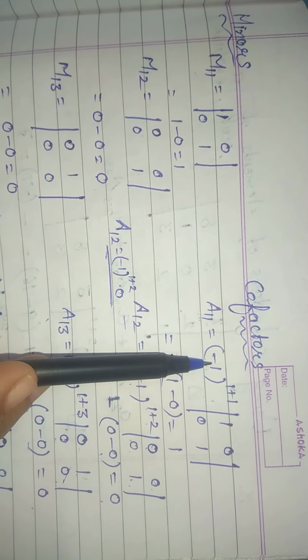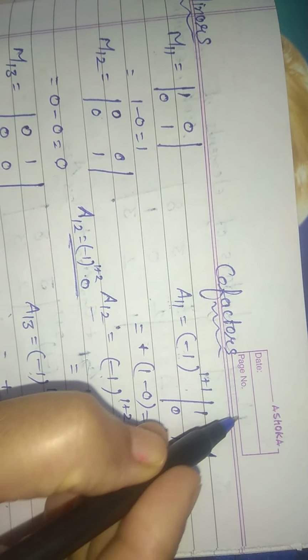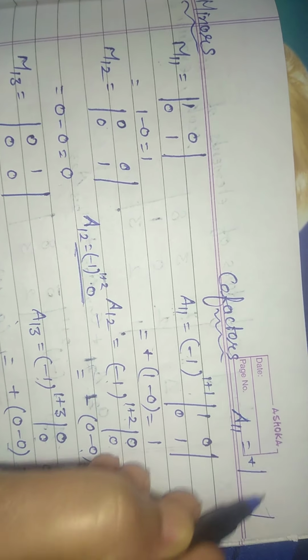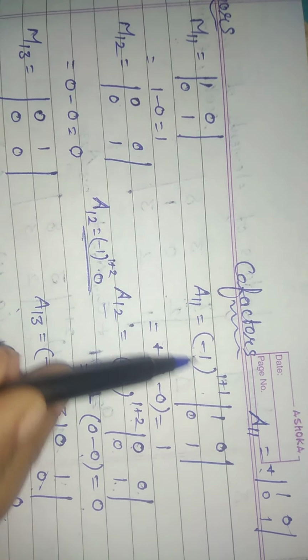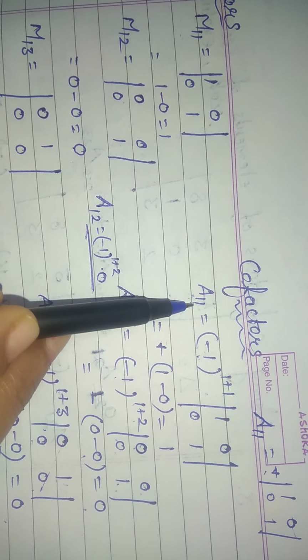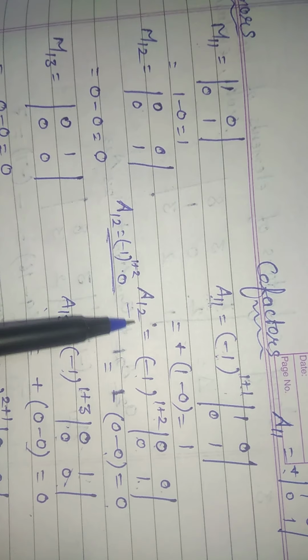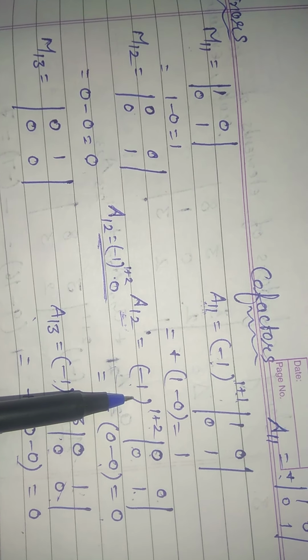You can take as it is, no need to take minus 1 raised to power 1 plus 1 here. You can take directly A11 is equal to plus into 1 0 0 1. Why are you taking positive here? Because minus 1 raised to power 1 plus 1, it will be even, so minus 1 raised to power 2 is positive. For 1 2, 1 plus 2 is 3, then you will take minus here.